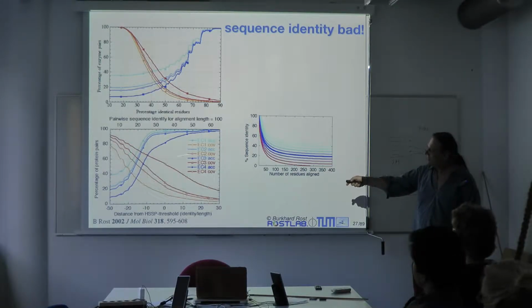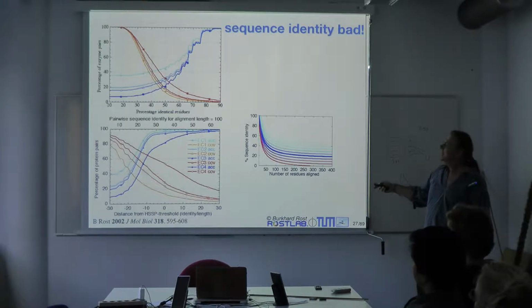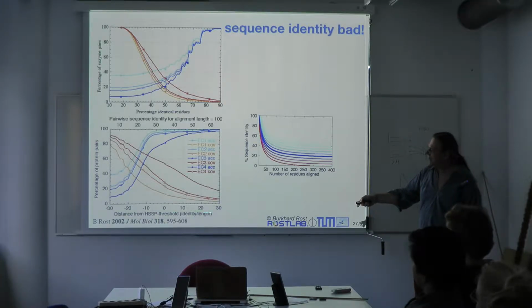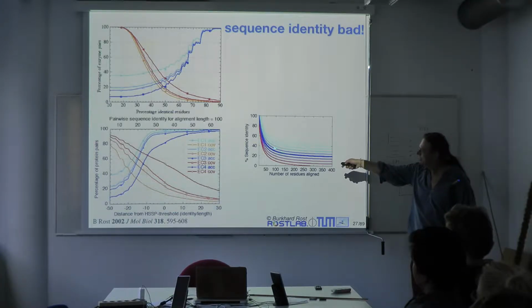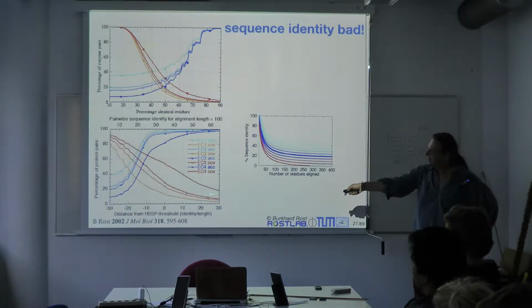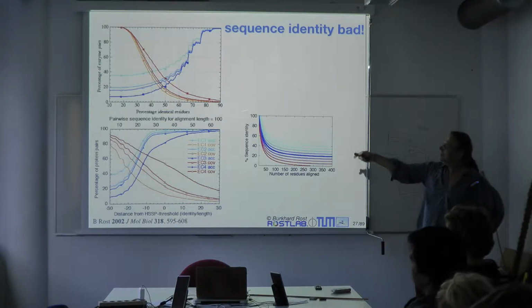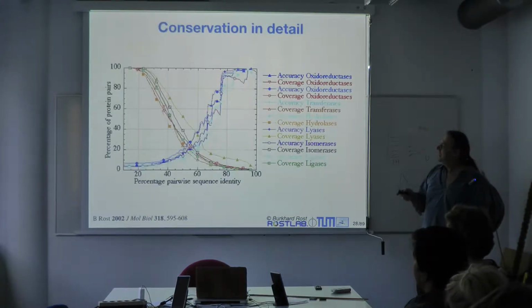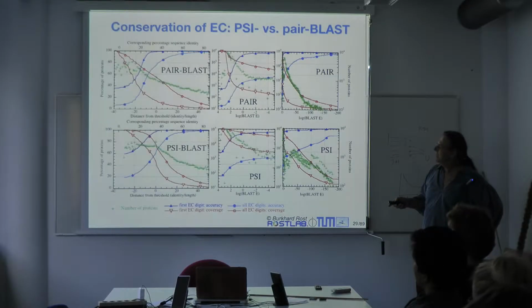These are the different curves for different EC numbers that differ slightly. What I show here now is the distance from the HSSP curve. The blue is the HSSP curve that I showed you before on Thursday. That's percentage sequence identity. Again, different EC classes have slightly different behavior.